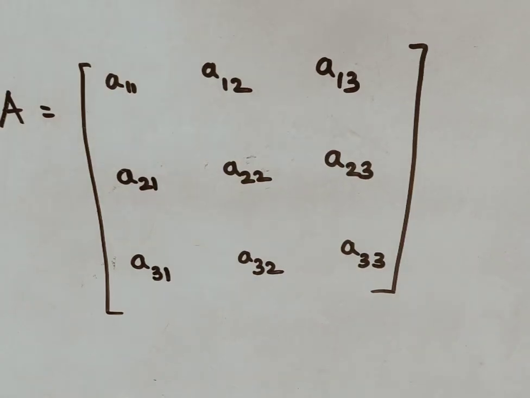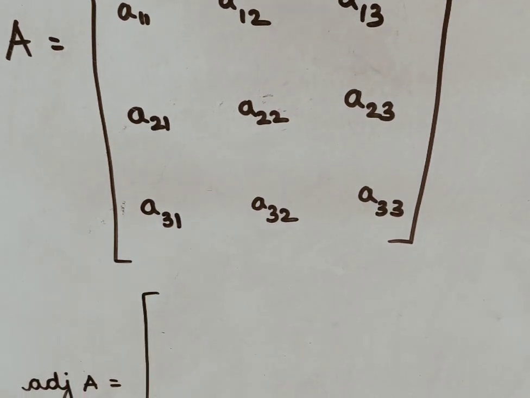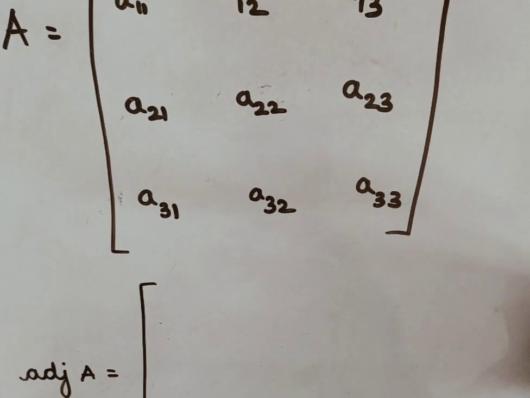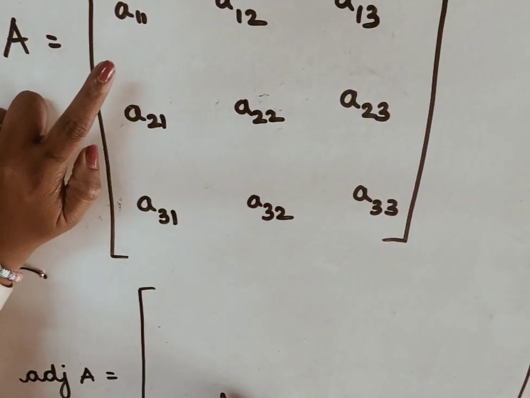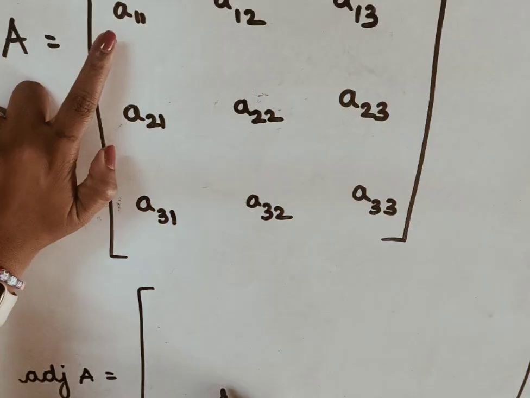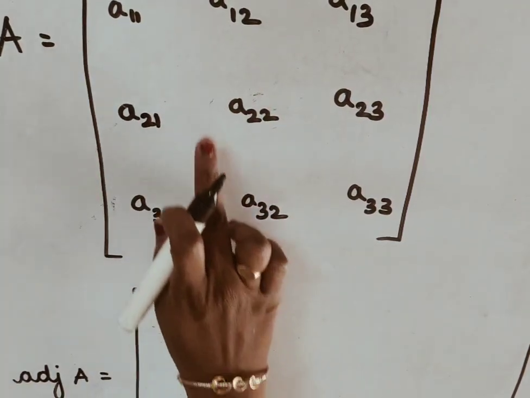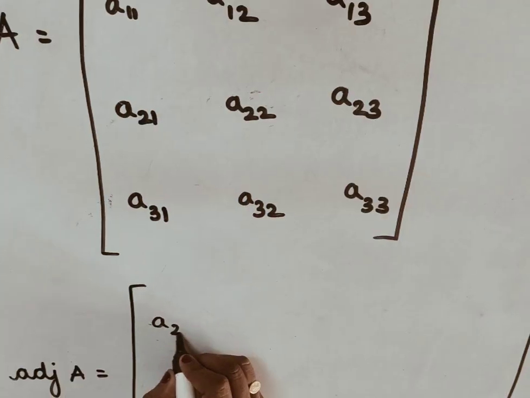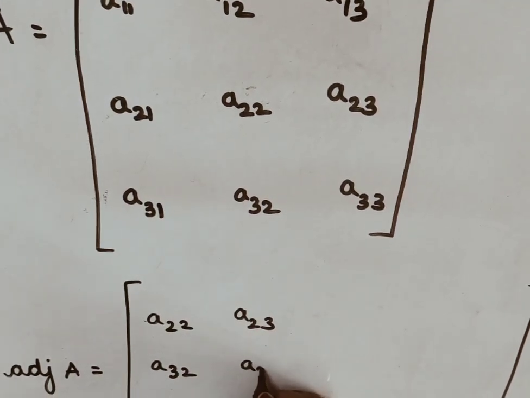Now for finding adjoint A, we have to write the minor for all the terms. Let us now understand how to write the minor. For example, if I am going to write for this term, I have to eliminate the column and the row touching that term. So the submatrix will be A22, A23, A32, A33.